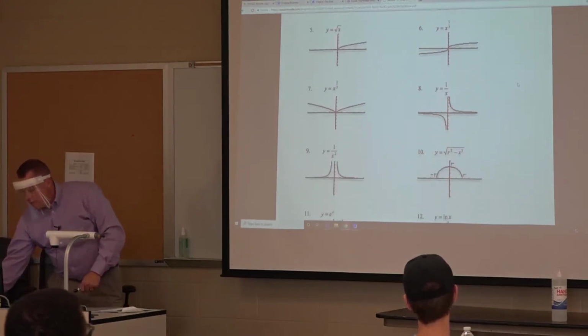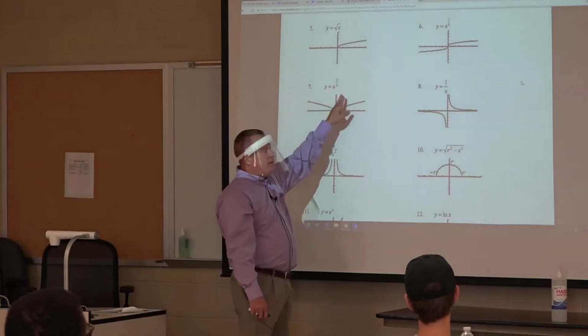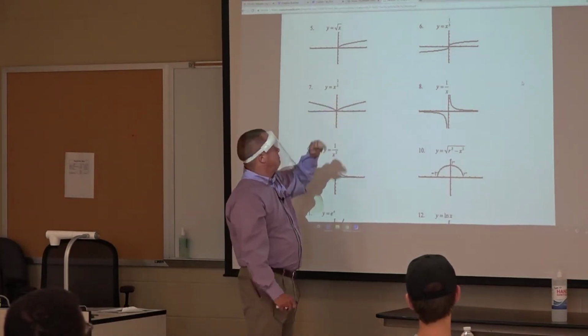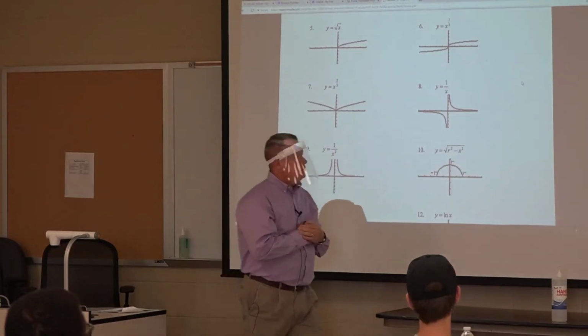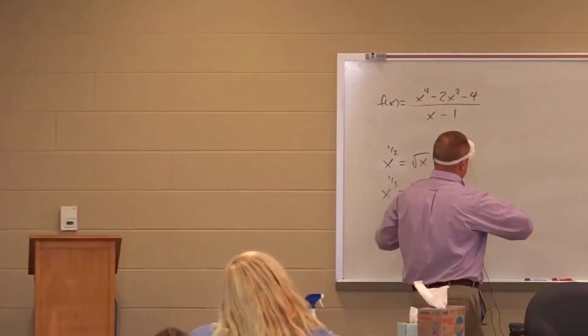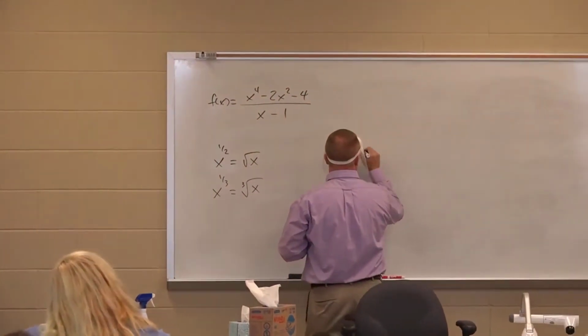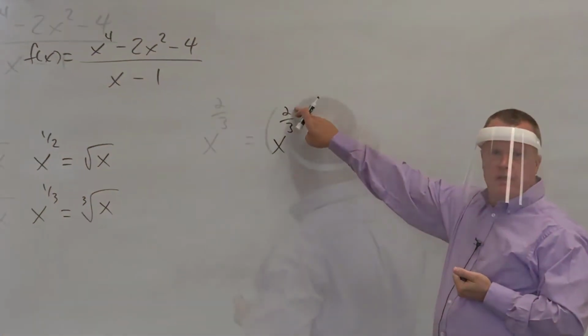Okay. Now notice if you have y equals x to the 2/3 power, then what does that 2 do that's on top there? So if I have x to the 2/3 power, what does the 2 do to the thing?